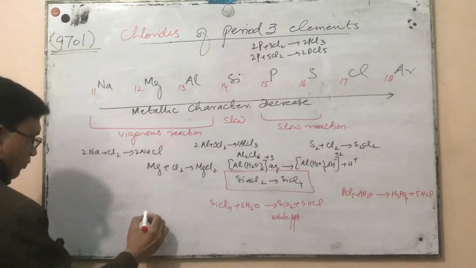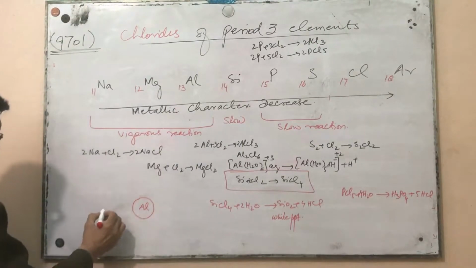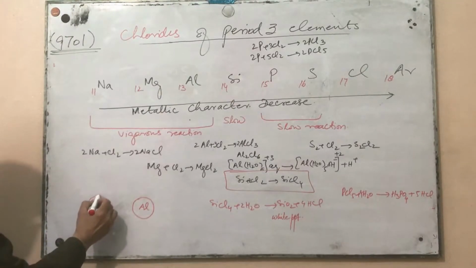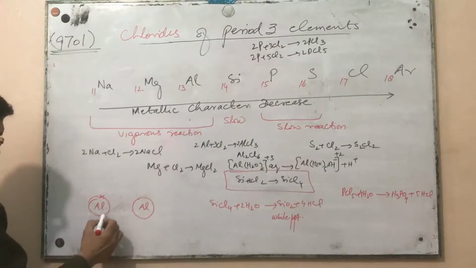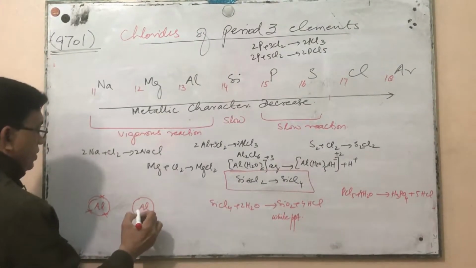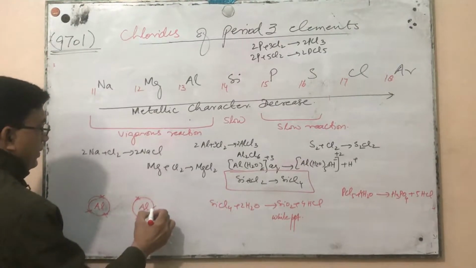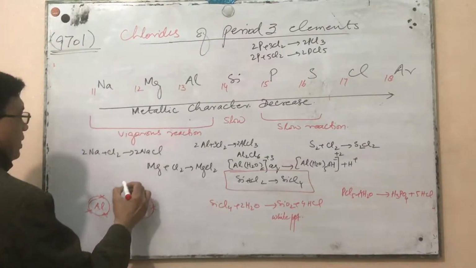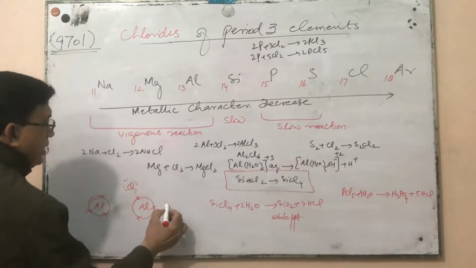For example, if we show this is a chlorine, this is an aluminium atom, and this is another aluminium atom. We know that each has 3 electrons in its last shell. The chlorine atoms have 7 electrons in their last shell.